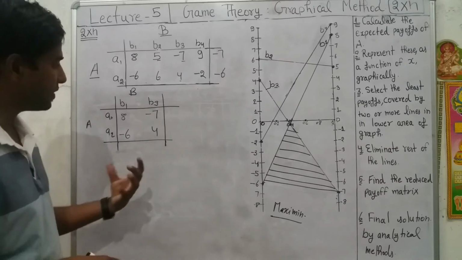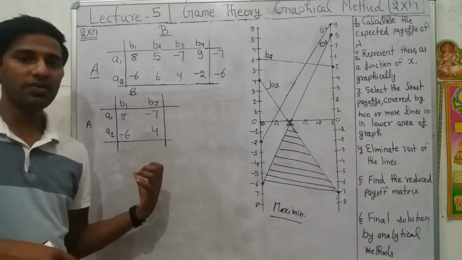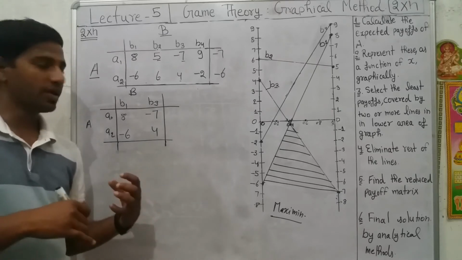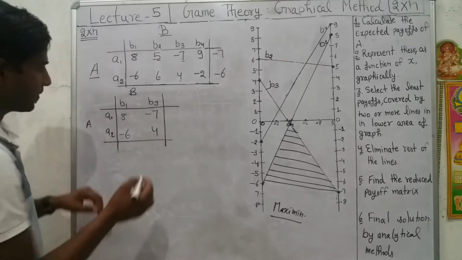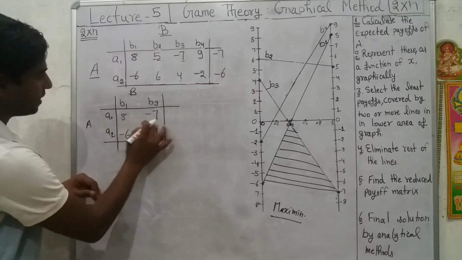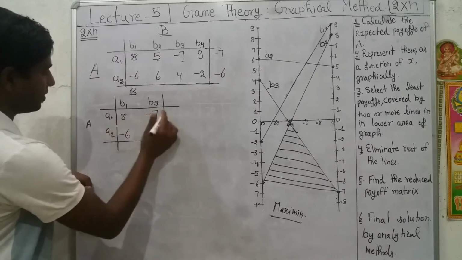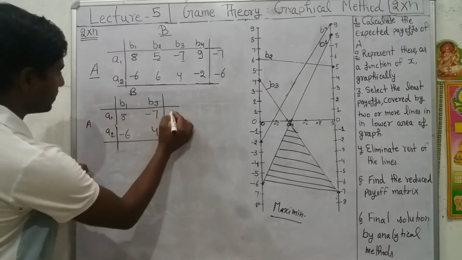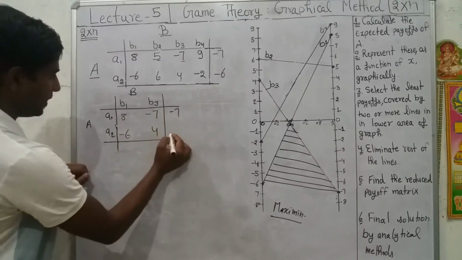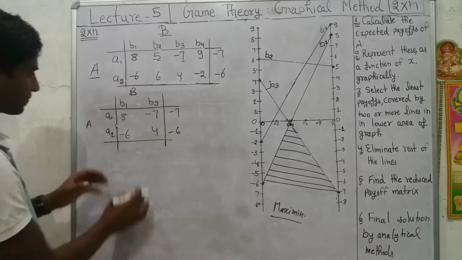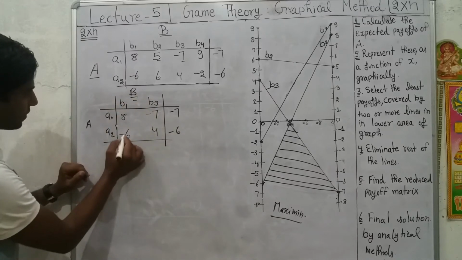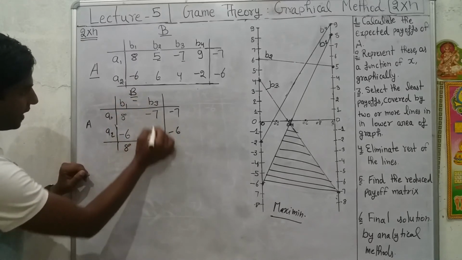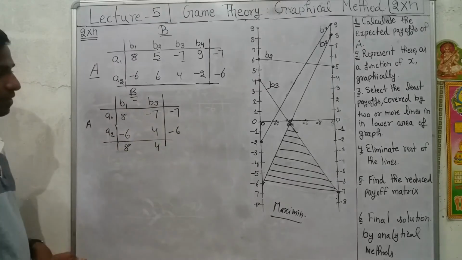If we have a saddle point in the reduced game, then we can calculate simply by finding the maximin and minimax values. For that, we need to find the minimum values in each row. In the first row the minimum value is -7, in the second row the minimum value is -6, and from the point of B, the maximum value in column B1 is 8, and in column B3 it is 4.